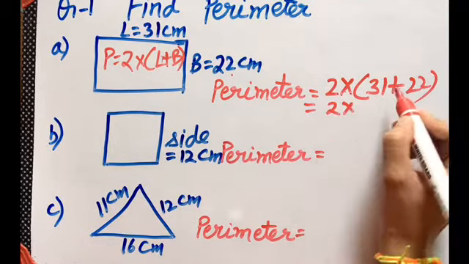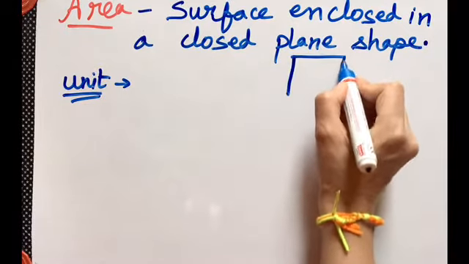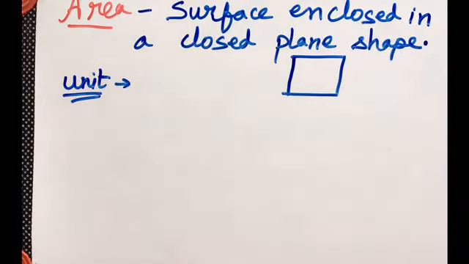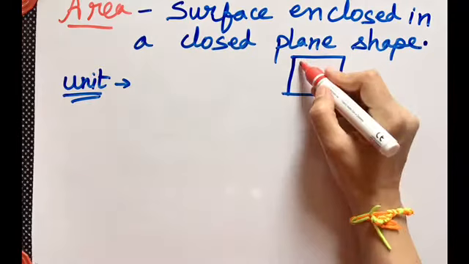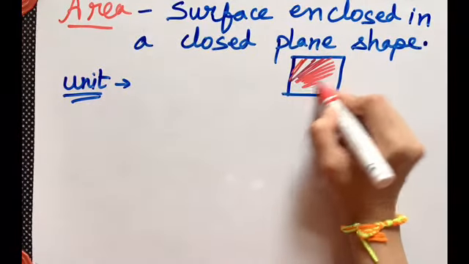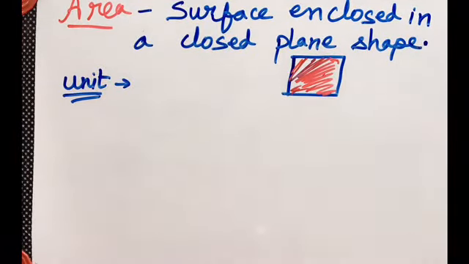So this way you can calculate the perimeter. Now this is area. What is an area? As perimeter was the boundary, the area is the surface enclosed in the plane shape. For example, if this is our shape, what is the surface enclosed? This is the surface enclosed inside it.